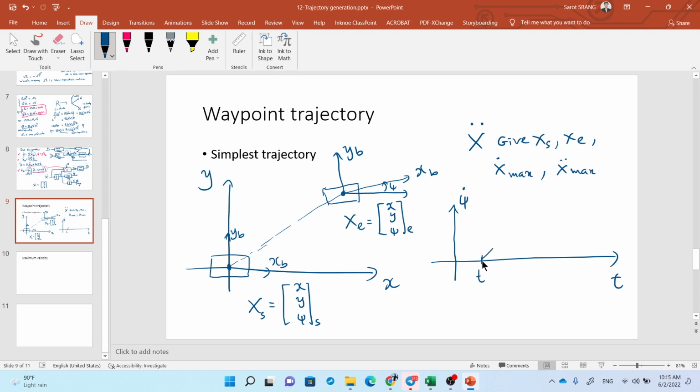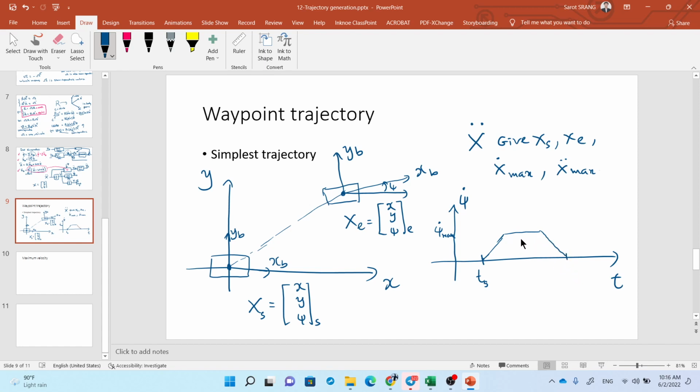At the start time, it doesn't have to be 0. It can be anywhere, because it goes from one point to another point. So at the start time, we accelerate, and then it reaches the maximum, psi dot max. And before it reaches the final, it decelerates.